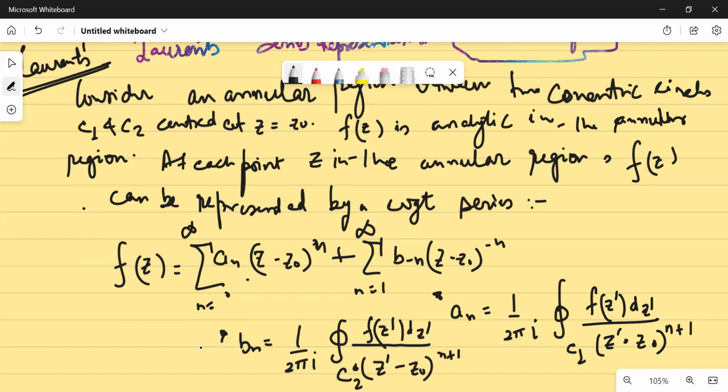So understand the fact that if your function is singular about a point, you cannot expand it in terms of a Taylor series. Since you cannot expand it in terms of a Taylor series, what you can do is write a Laurent series representation about z naught in an annular region. Let's say this is your C2, this is your C1.